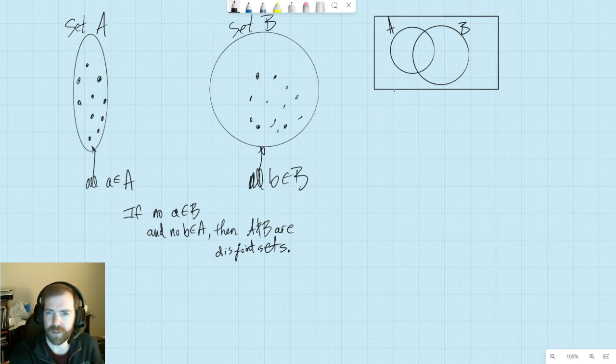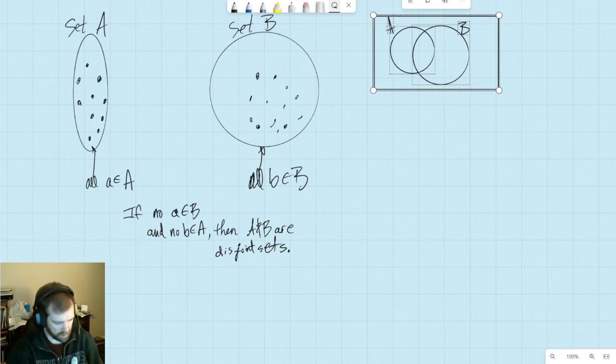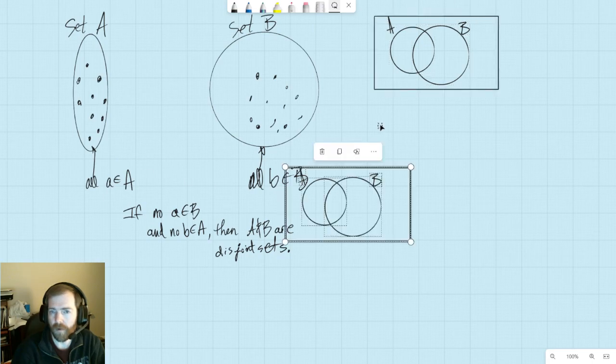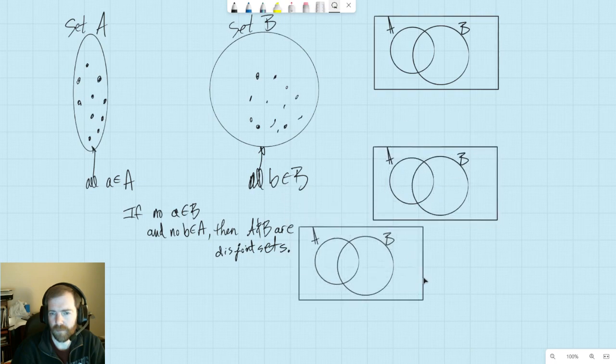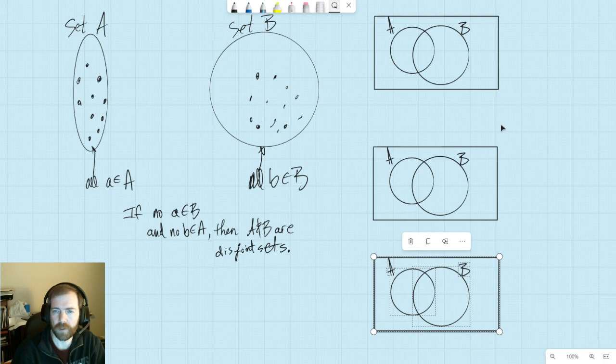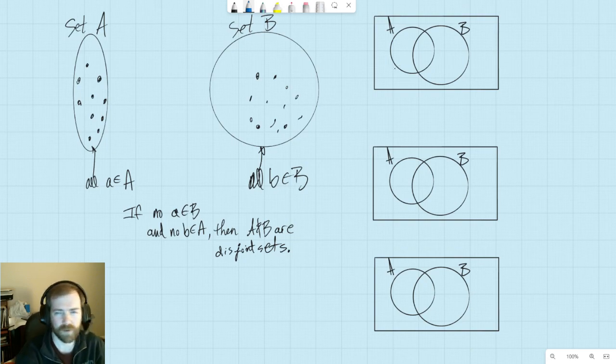So when we start looking at stuff like this, we're going to say, all right, given sets A and B within the universal set, to talk about the individual relationships that exist here, we start looking at what the set A union B is going to look like.